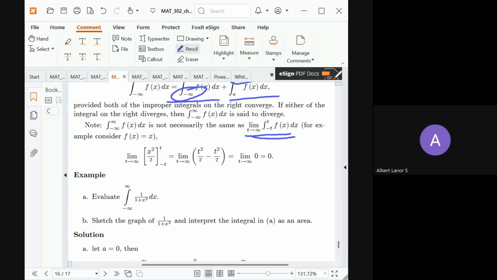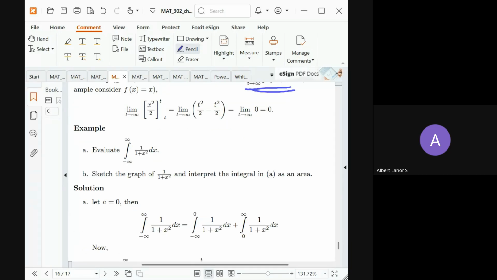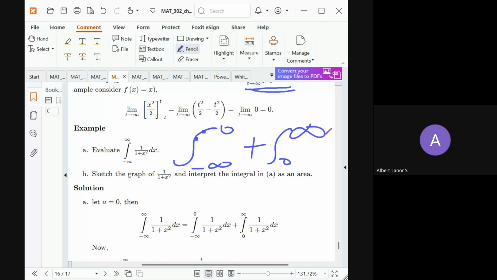Now, in this example, we want to integrate from minus infinity to infinity 1 over 1 plus x squared dx. So to integrate this function, we would break it at a point. We can break it at 0. So we have from minus infinity to 0 plus from 0 to infinity, the same function.